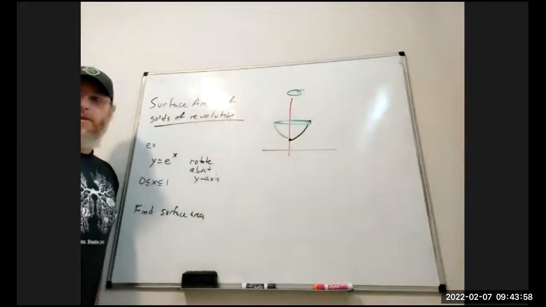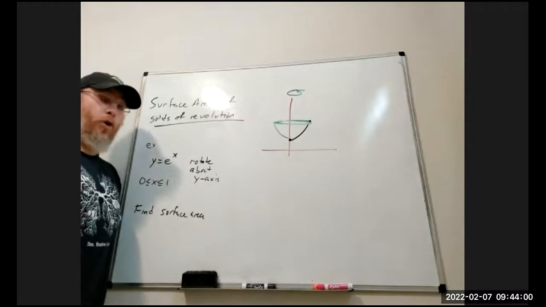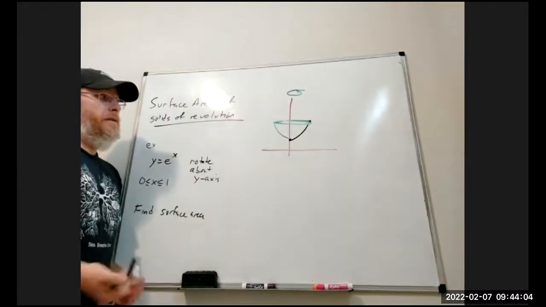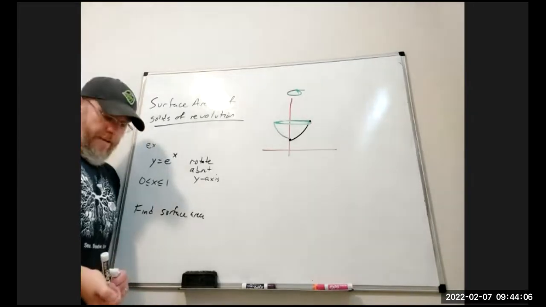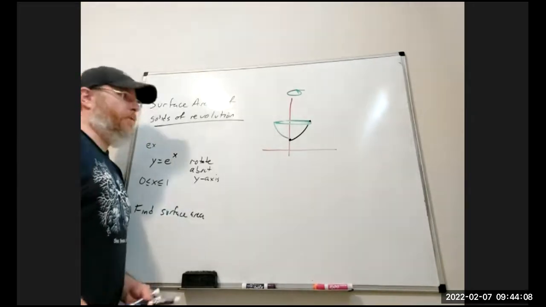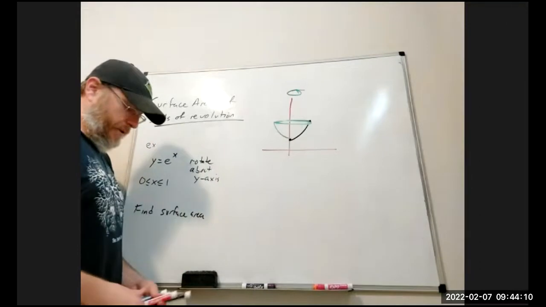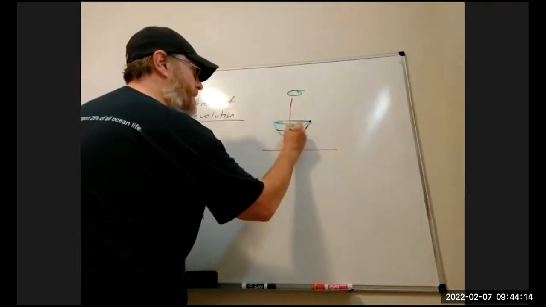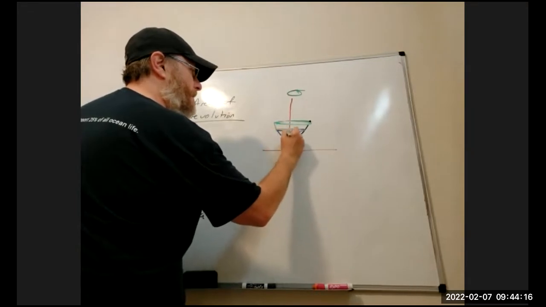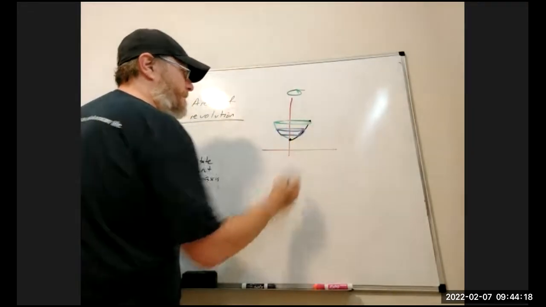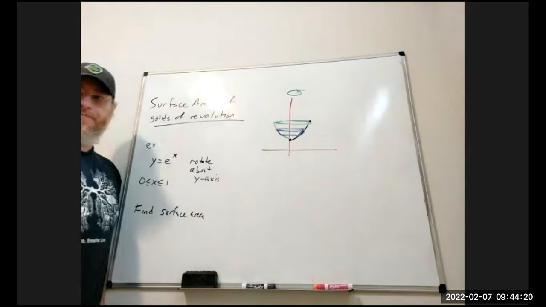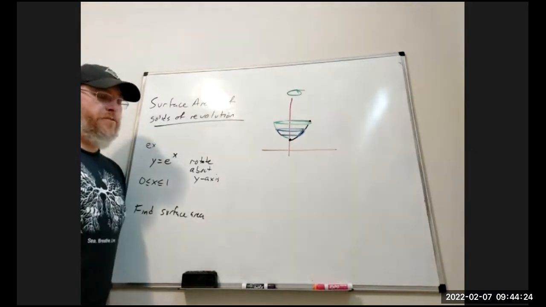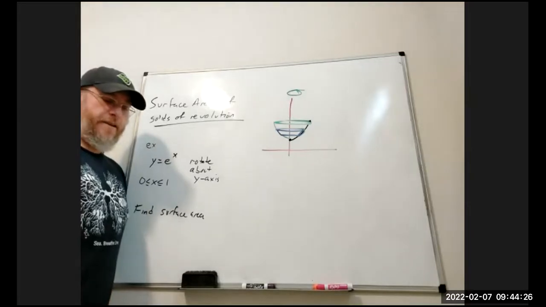So we're looking at what is the surface area of that bowl. All right, so here is one of the typical conical pieces. It's going to look like that. So let's think about this in terms of the 2 pi r and the arc length.